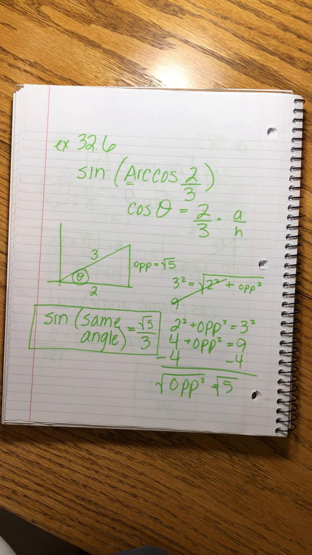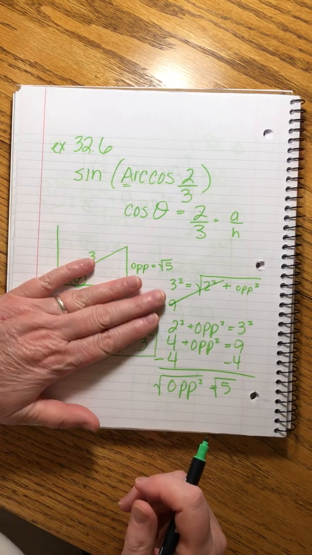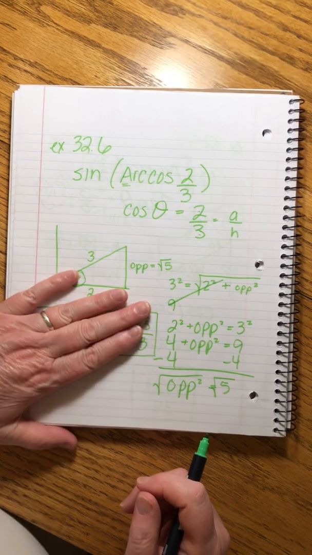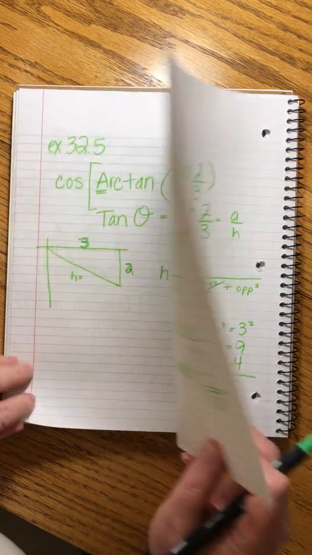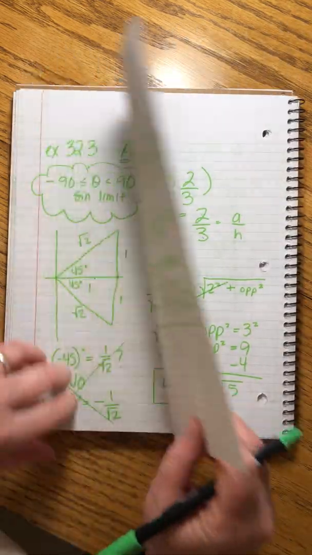Guess what? We're done with this lesson. We're going to be fooling around with inverse trig functions a whole bunch. So don't worry, they'll settle in and you'll get really fast at them. I do want to say this.